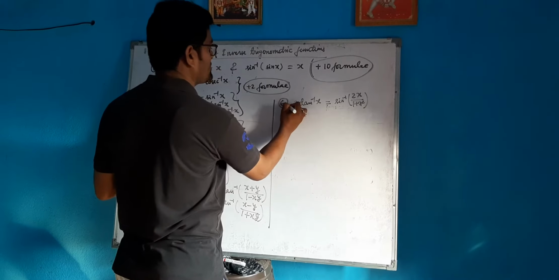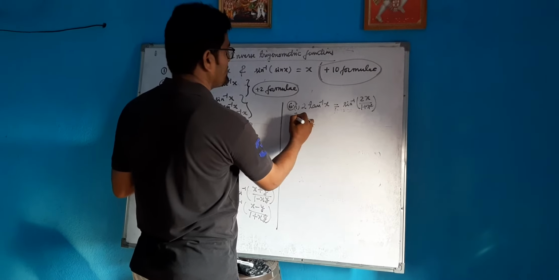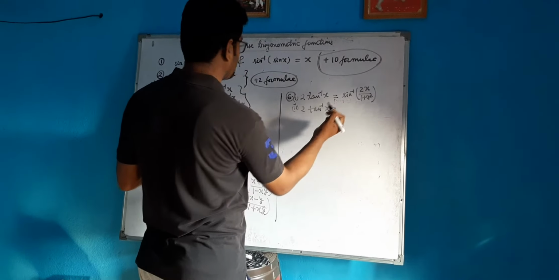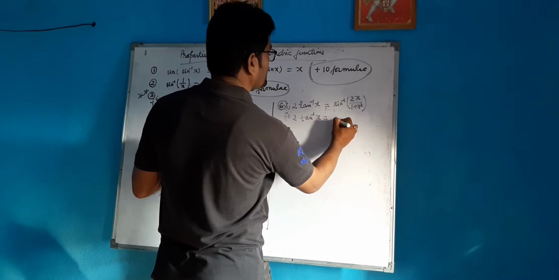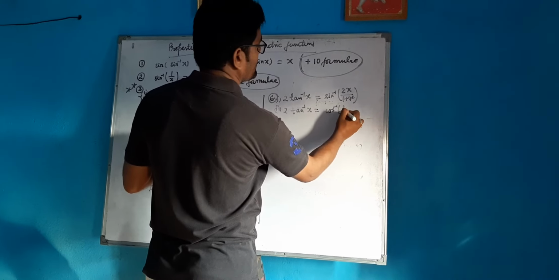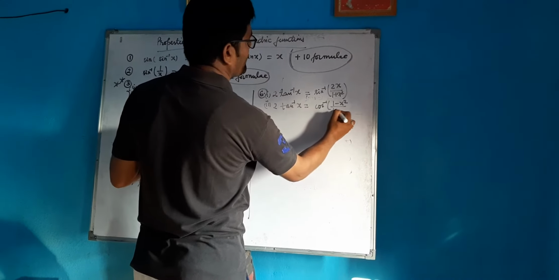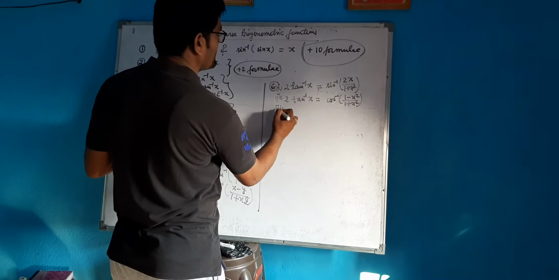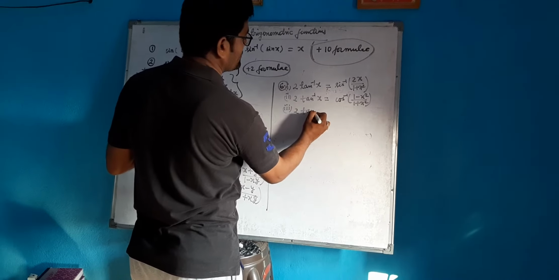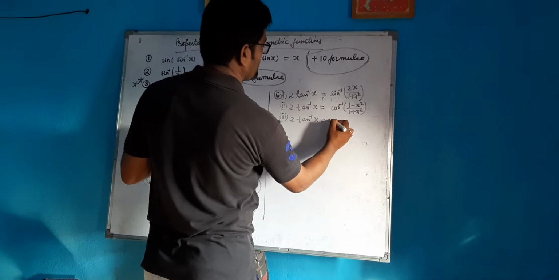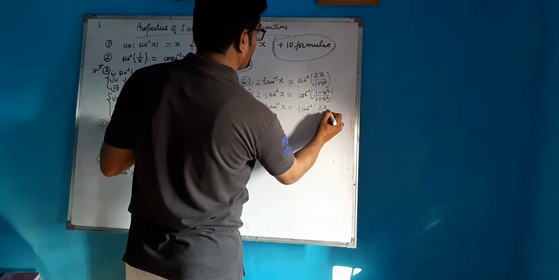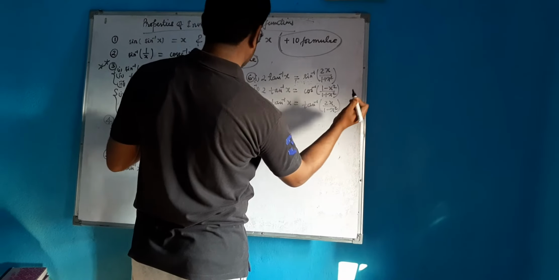Again, 2 tan inverse x is equal to cos inverse of (1 minus x square) by (1 plus x square). And 2 tan inverse x is equal to tan inverse of 2x by 1 minus x square.